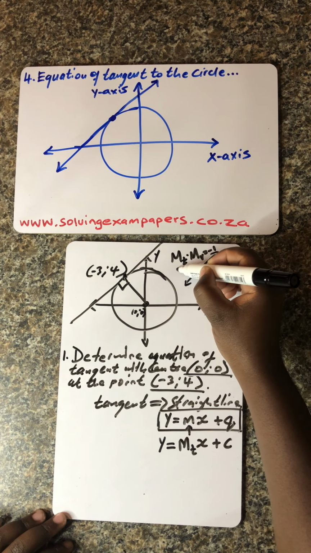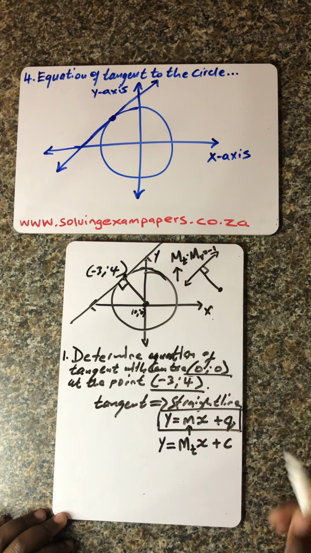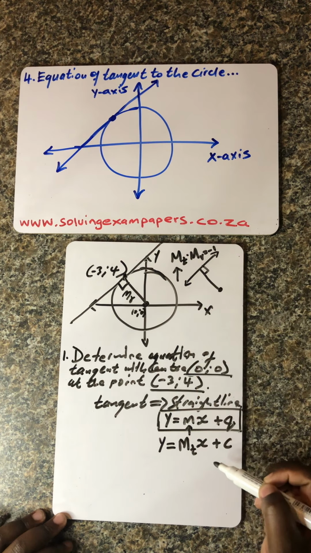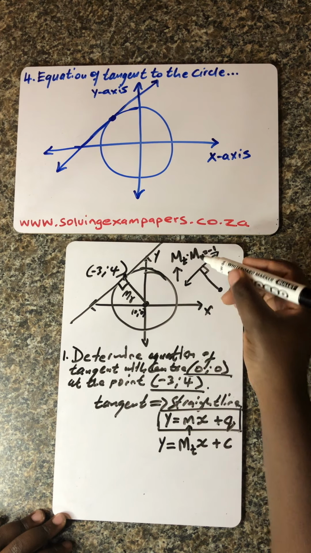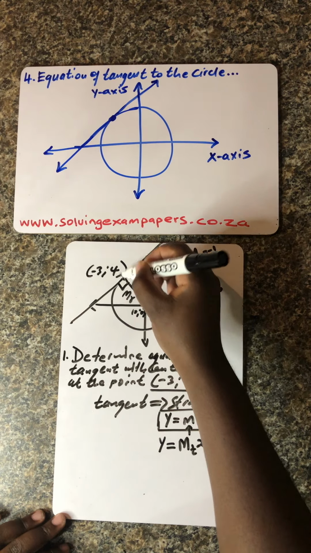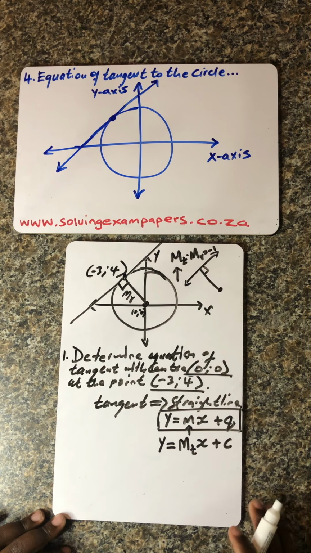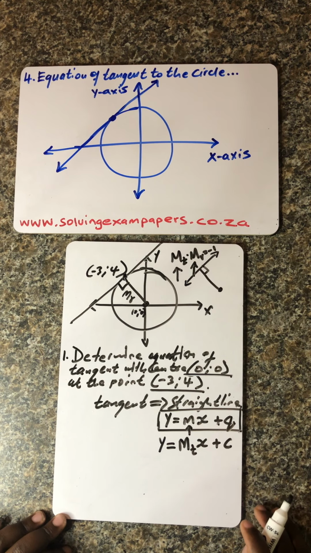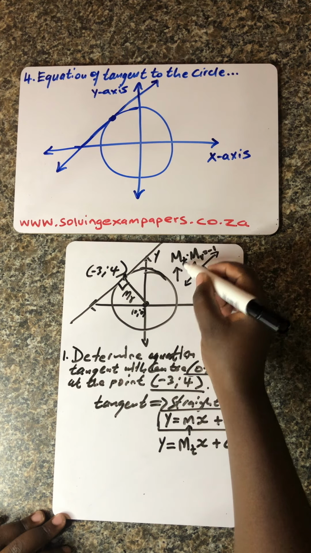So that means now I've just explained that part. Okay, so ladies and gentlemen, m of r, it's obvious. I've explained it previously to say m of r is the gradient of the radius. So that means if we know m of r, we can calculate m of t.